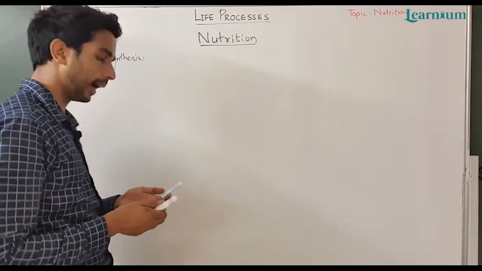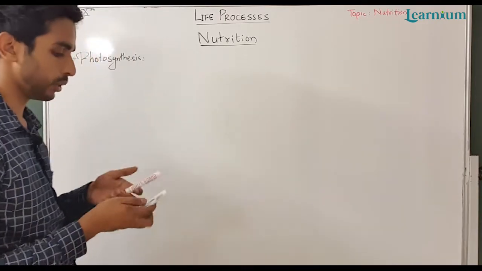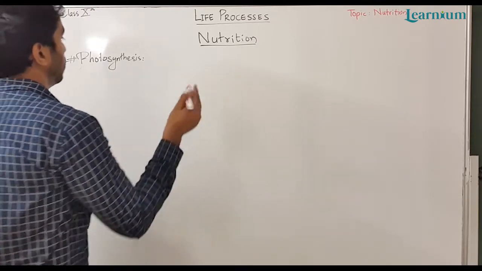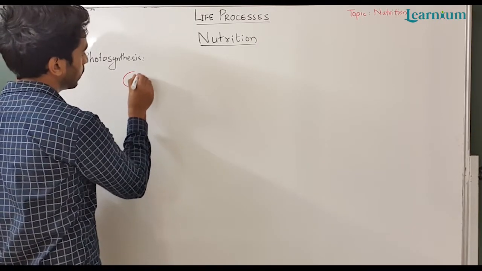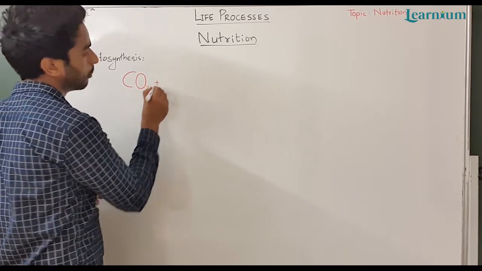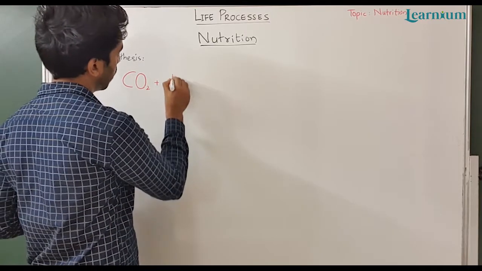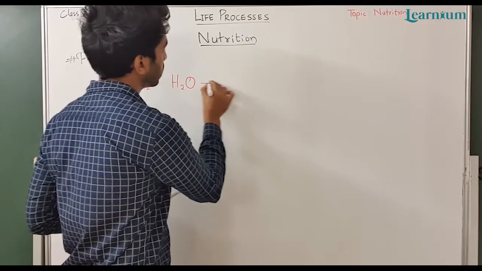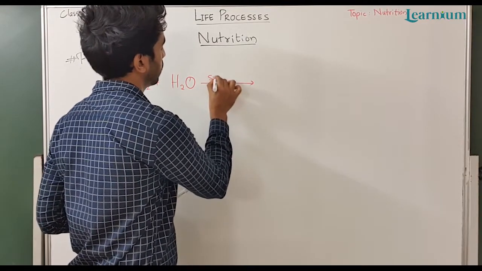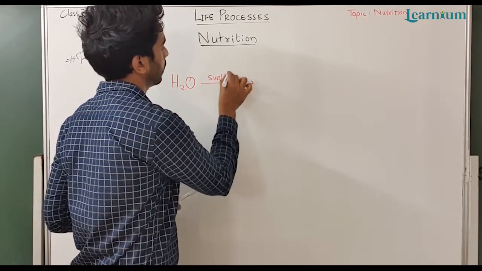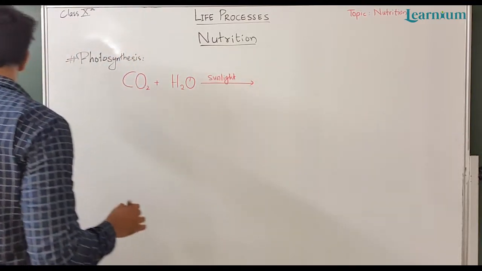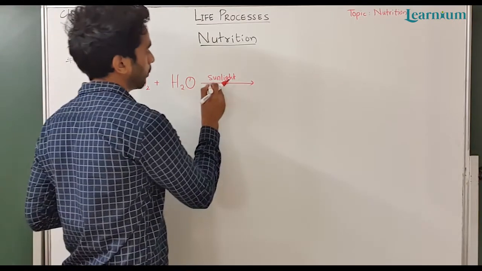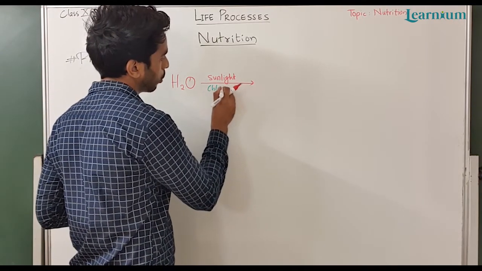So if we write the equation from the definition, we can write the equation as carbon dioxide plus water, that is H2O, in presence of sunlight and chlorophyll.